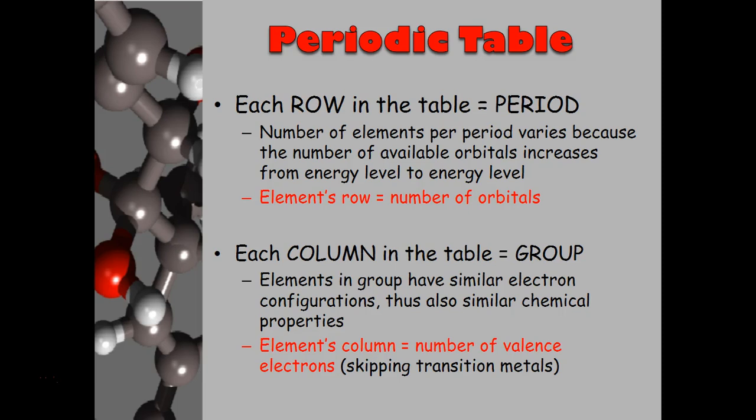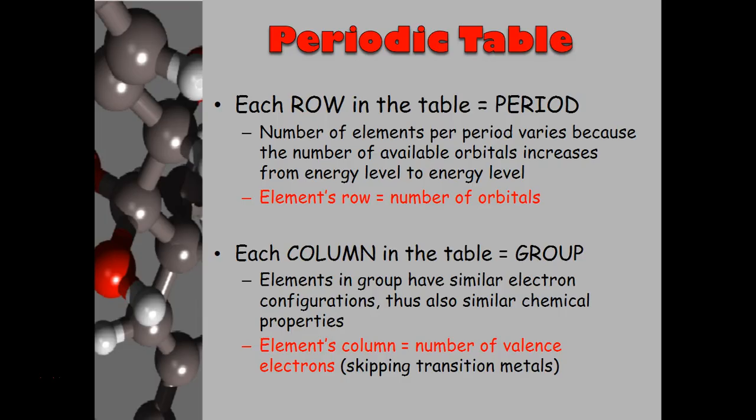So we've got these rows or periods in your periodic table. For every row, that tells me something about all of the elements in that row. In fact, it tells me how many orbitals they'll have. In each column, it tells me the number of valence electrons, assuming, of course, we skip those transition metals.